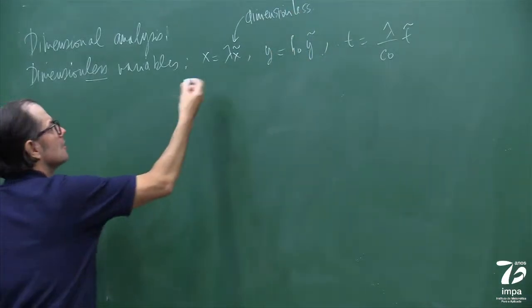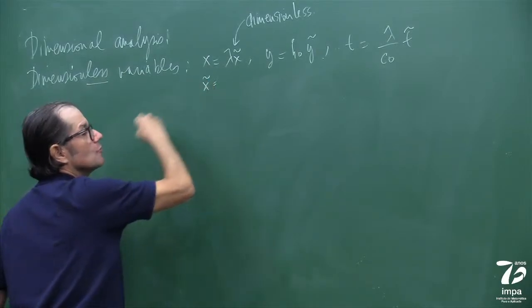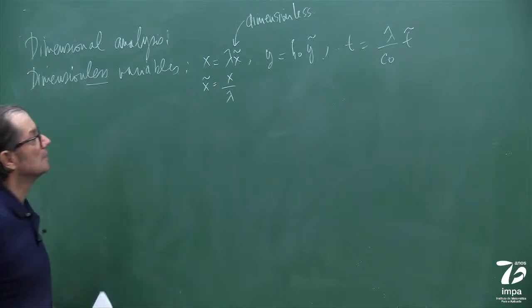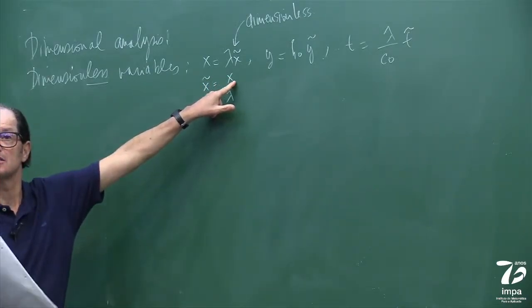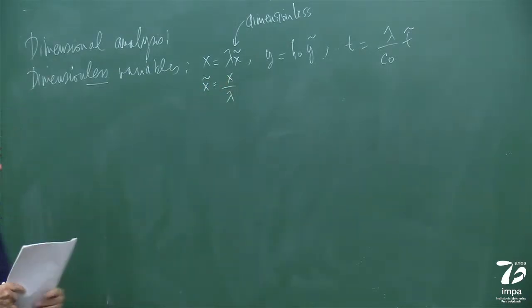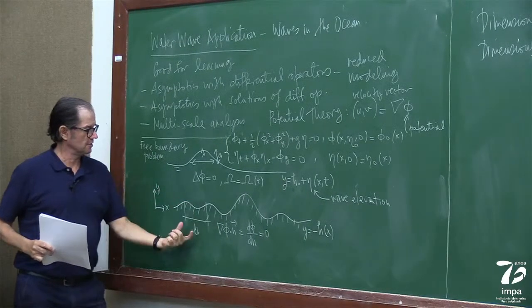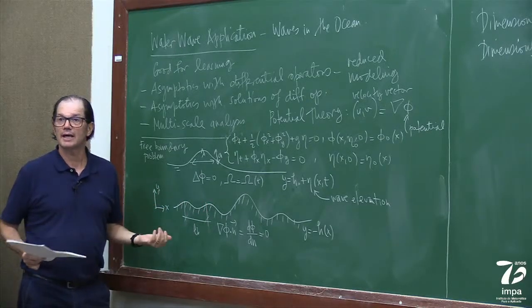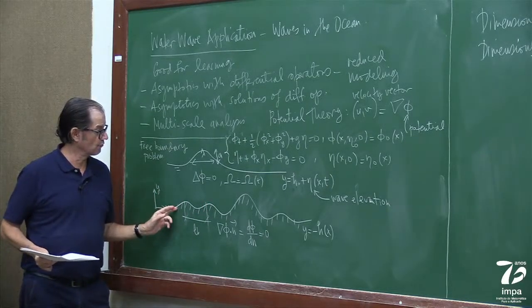Because, look, let me write like this. Sorry, I'm going to be almost pedantic, right? Doesn't matter, just for the first time. Because if X is my original variable, okay, and I am running over 100 kilometers, X tilde, I'm going to go from 0 to 1.